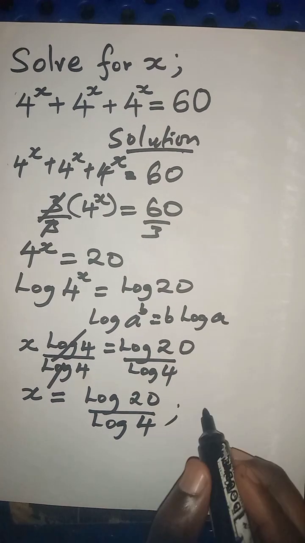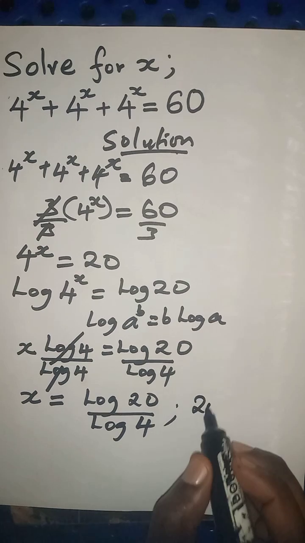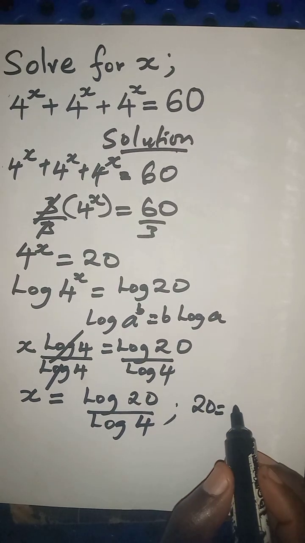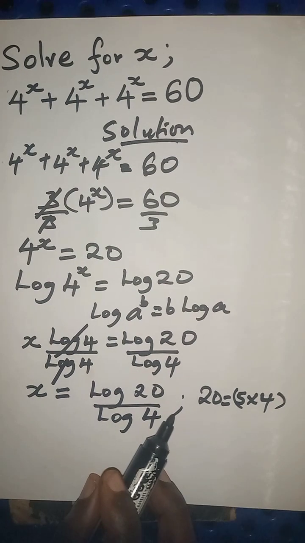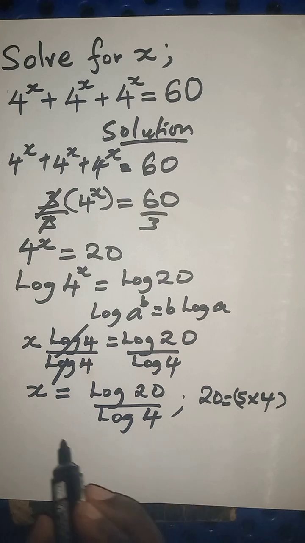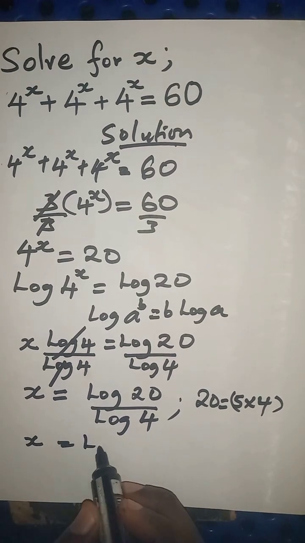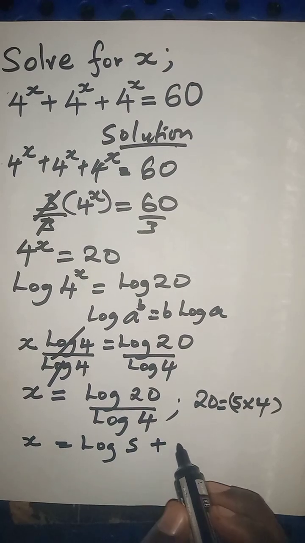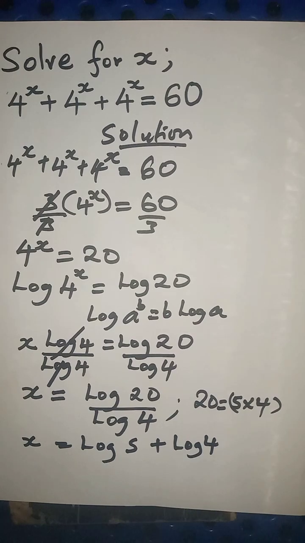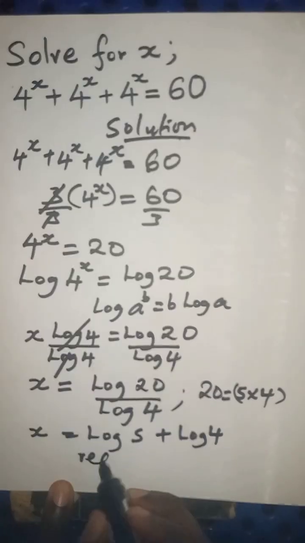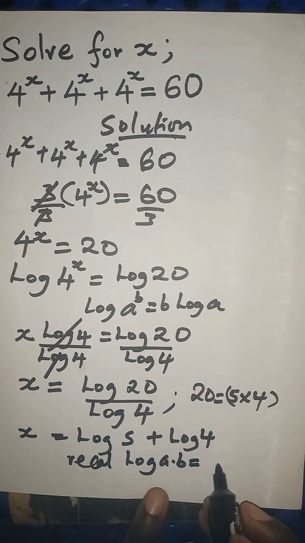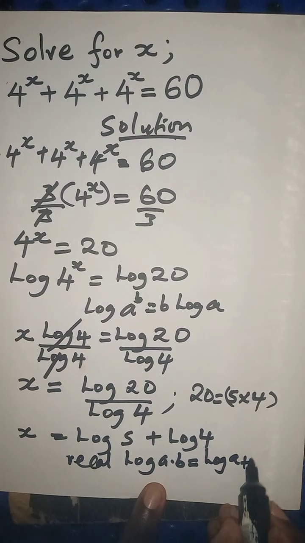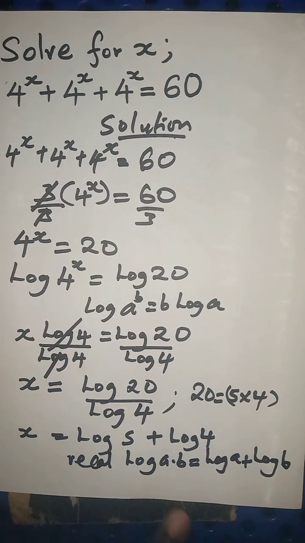At this stage, I'm going to express 20 in terms of 5 multiplied by 4, so that the log 4 and that 4 are going to cancel. So x now becomes the log of 5 plus the log of 4, using the law that when you have the log of a multiplied by b, this can be separated as the log of a plus the log of b.